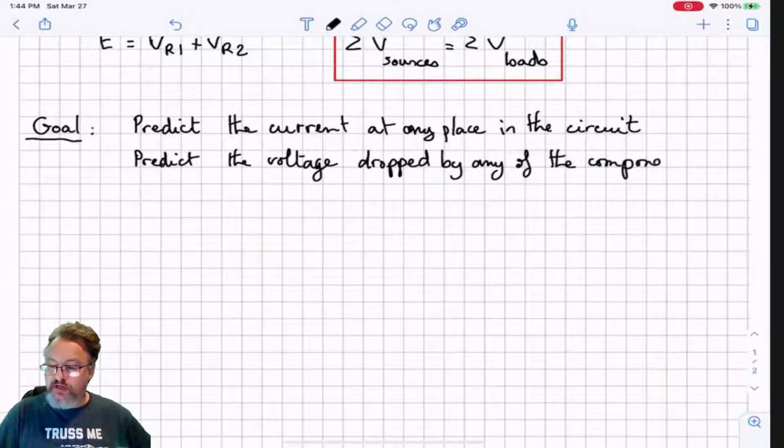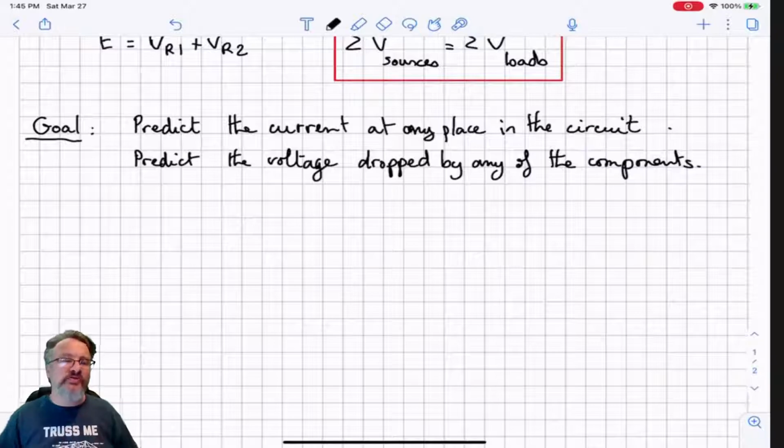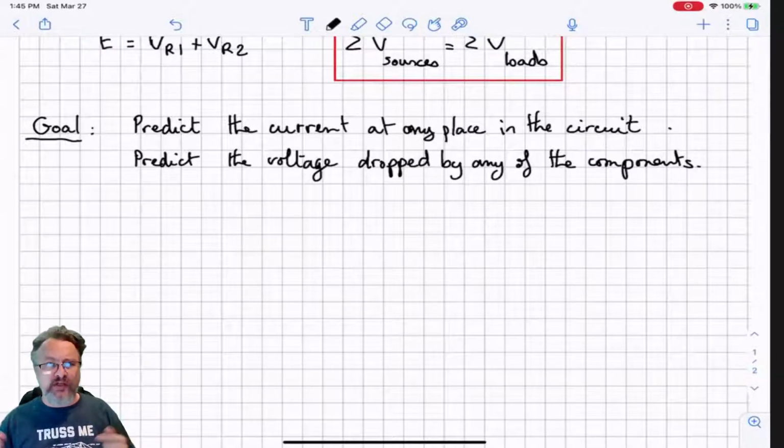So here are the components, any of the loads, right? The components here are the two resistors. And I drew resistors, but they can represent other things, like it could be a light bulb, it can be a speakerphone, it can be something, a photoresistor or whatever.